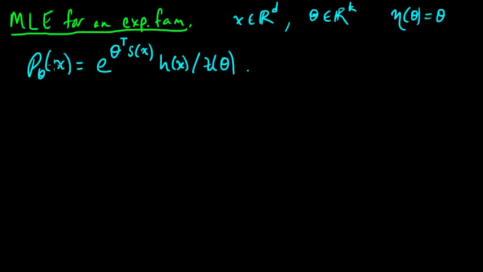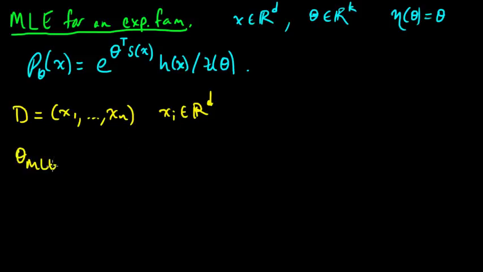This parameterizes our exponential family, and we want to compute the MLE. So how are we going to do that? Let's set things up for an MLE. We've got some data, x1, x2, up to xn, and each of these is some xi in R^d. And we want to compute theta MLE.